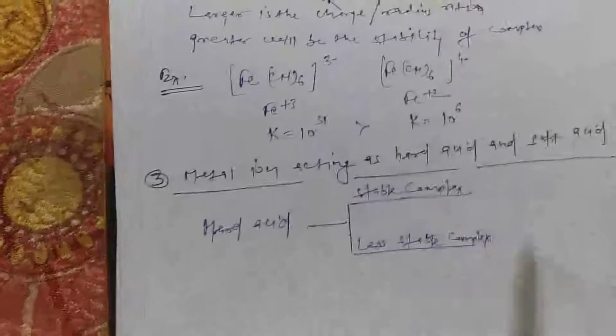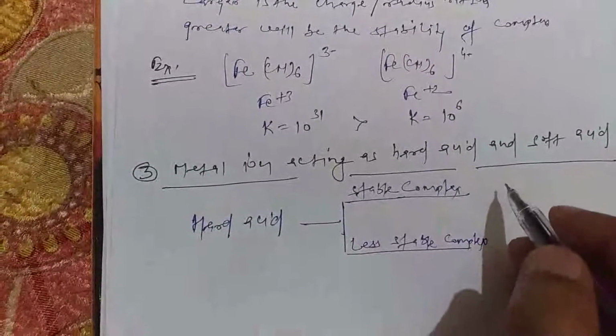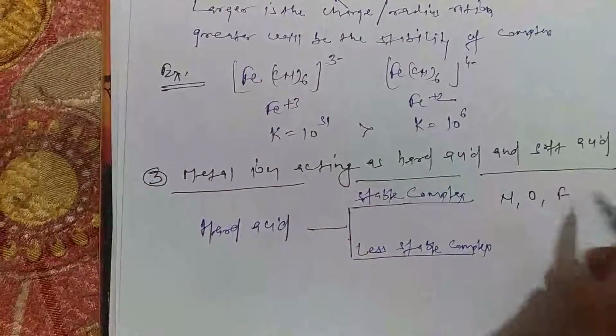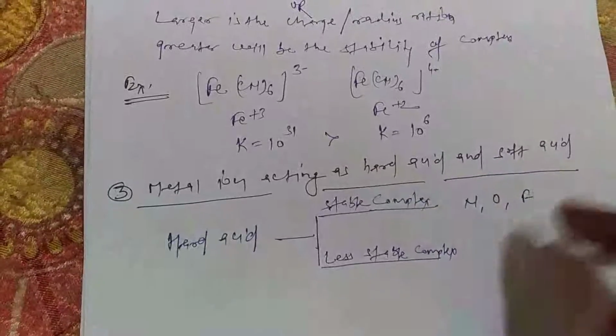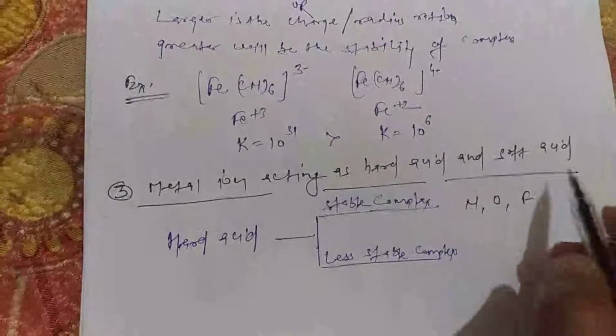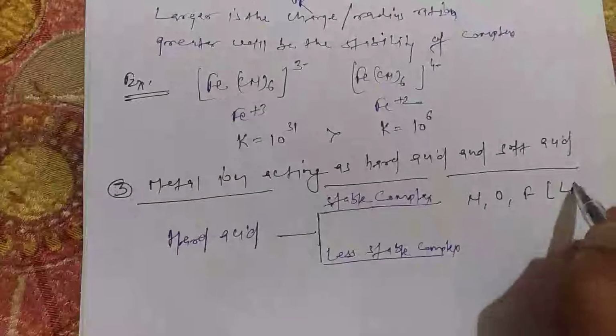If we have ligands like nitrogen, oxygen, fluorine, these will be the donating sites.